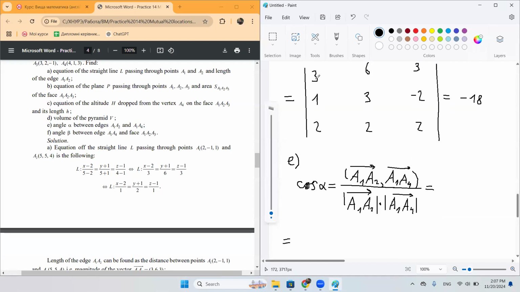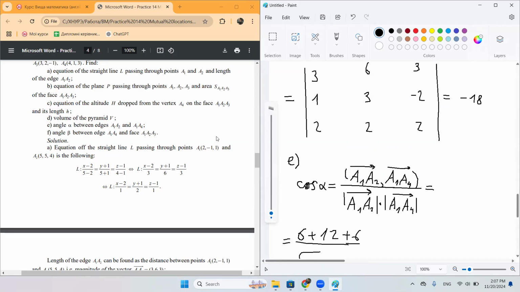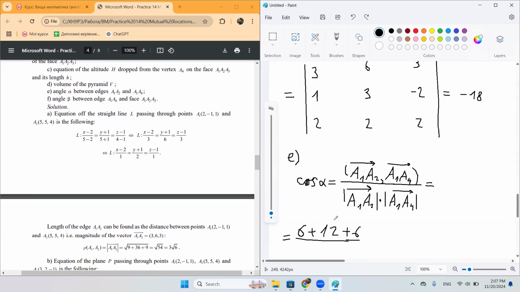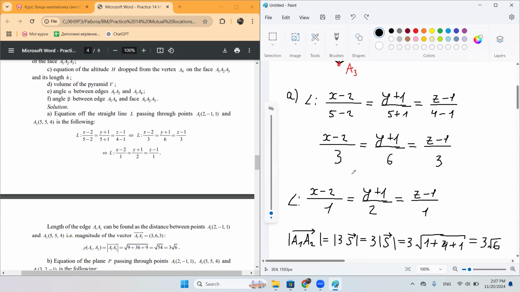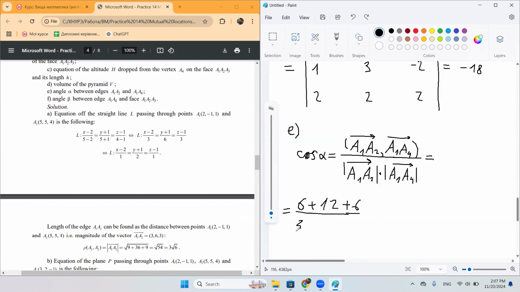Okay, so coordinates of A1A2. So what we have, 6 plus 12 plus 6 by, by the way, the length of A1A2 was 3 square roots of 6, by square root of 12.